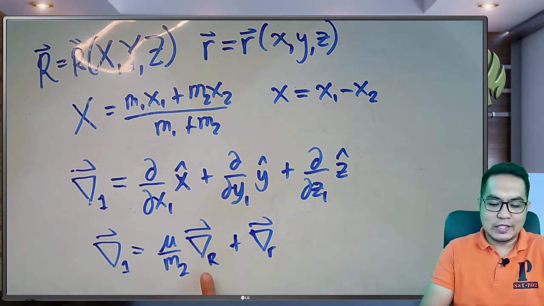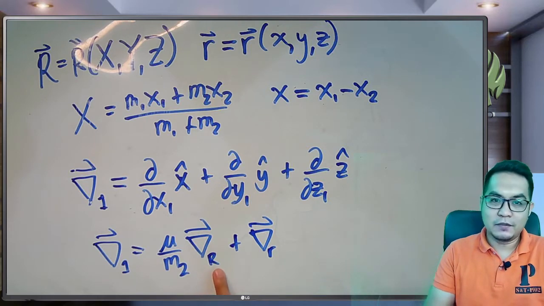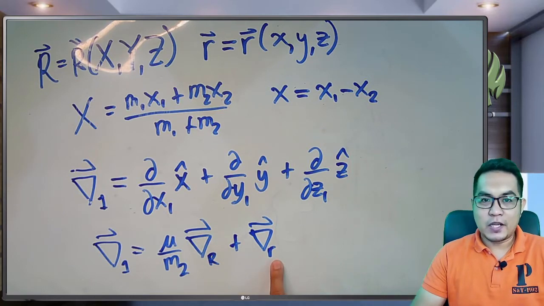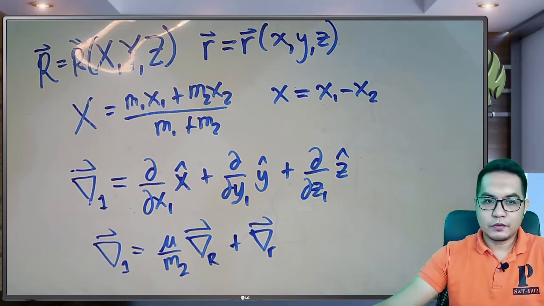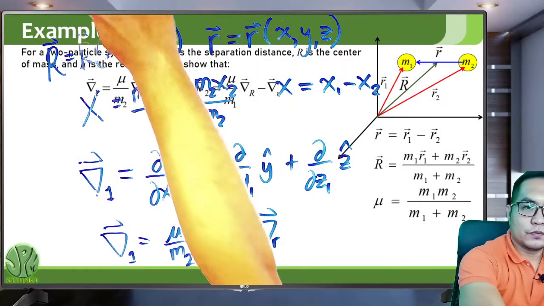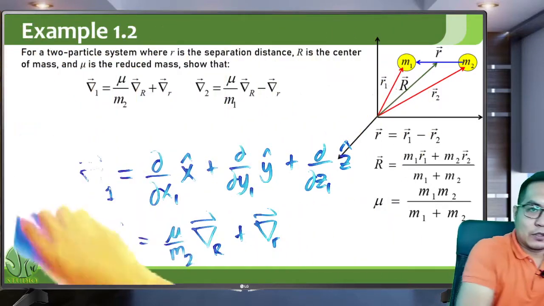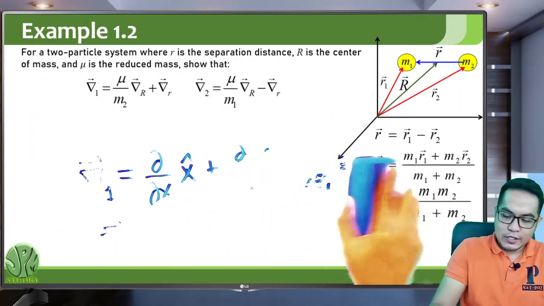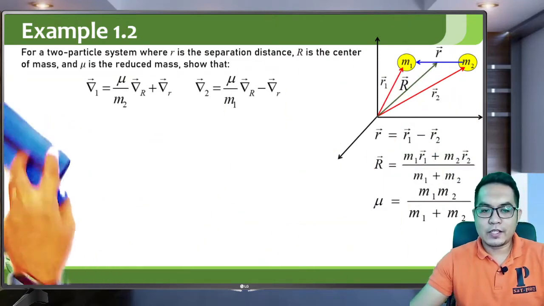Take note that this del operator will only act on the center of mass, capital R, and this del operator will only act on the small r, the separation distance vector. So that is what we are trying to do. You do the same for the del operator acting on r2, and it can be written as this one. You just do the same steps. Okay. So let's now go to the third example.